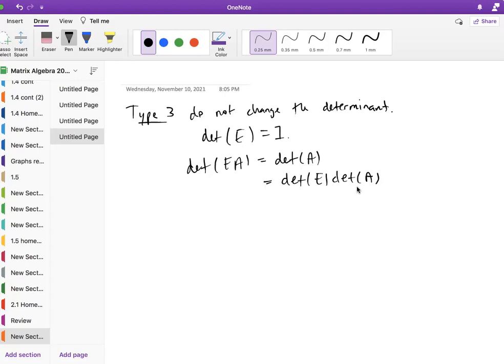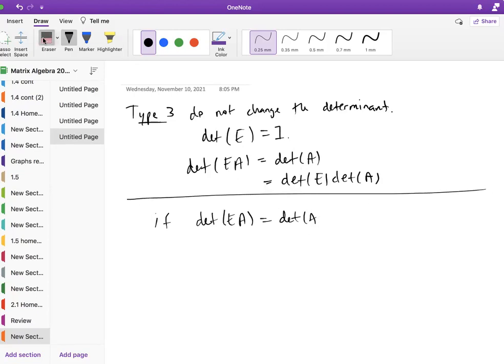Okay, so why is this so important? Can someone guess why? If we can say that this is true for elementary matrices, why can we do it for all matrices? What is nice about elementary matrices?